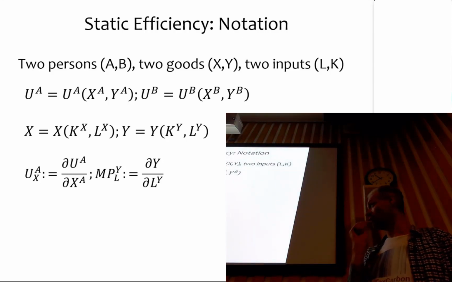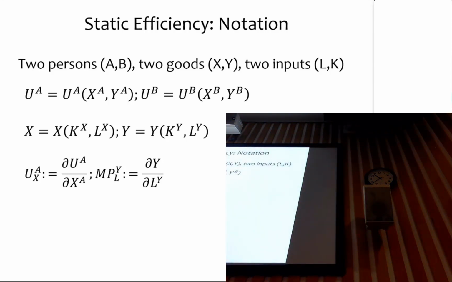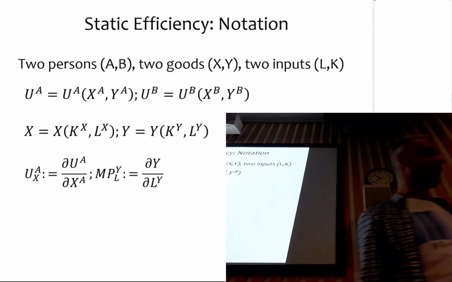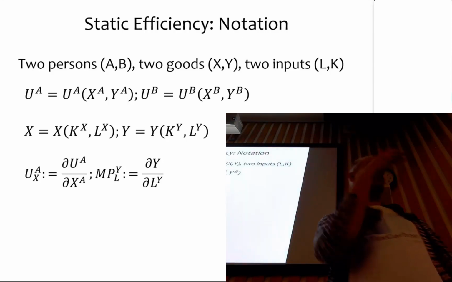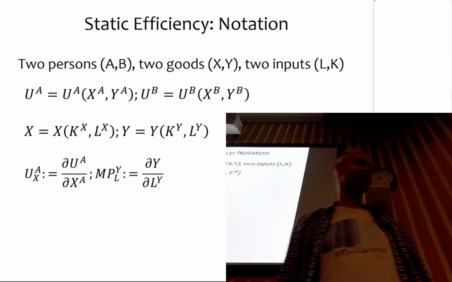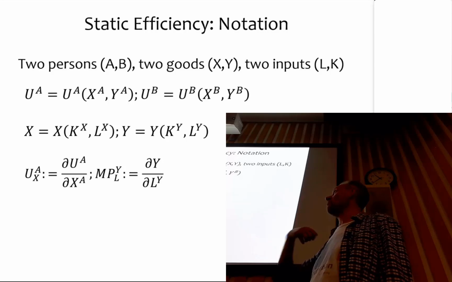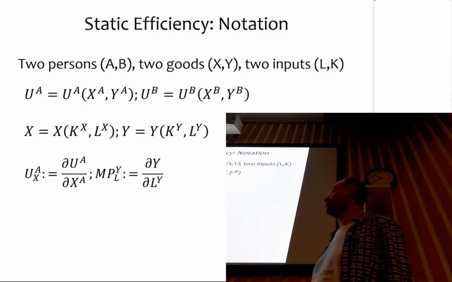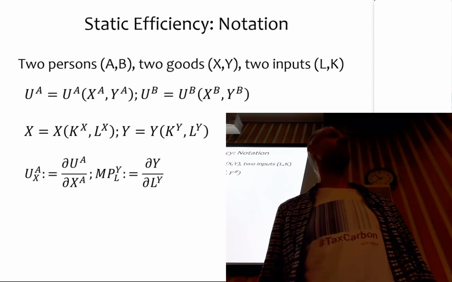So far, so definition. I'm going to use subscripts to denote first partial derivatives. So the marginal utility of person A, that's a superscript, of good X. So how much happier does he get if he gets a little bit more of X? Is U super A sub X, and that's the first partial derivative of his utility to his consumption of good X, right?